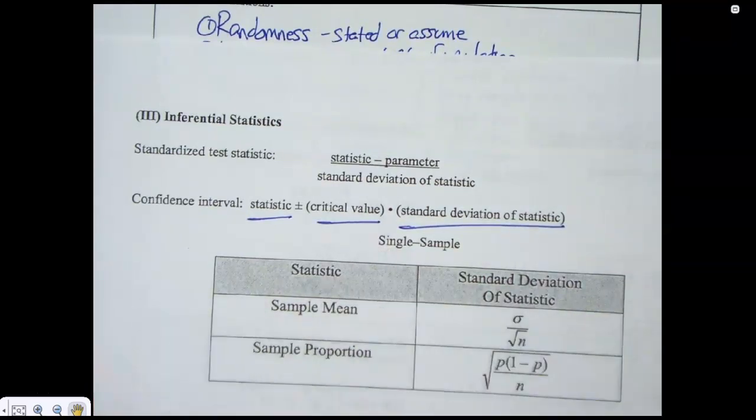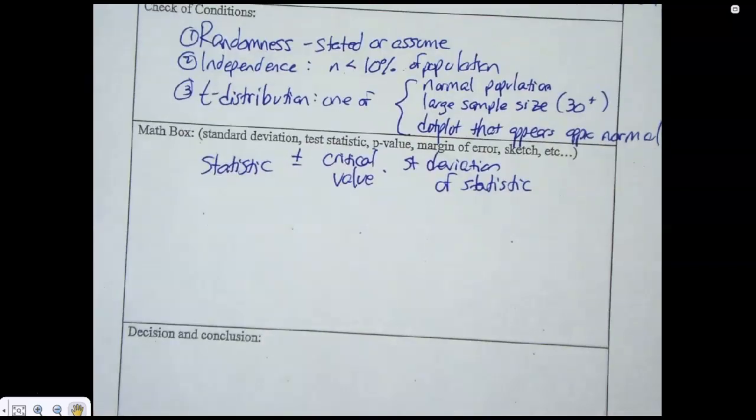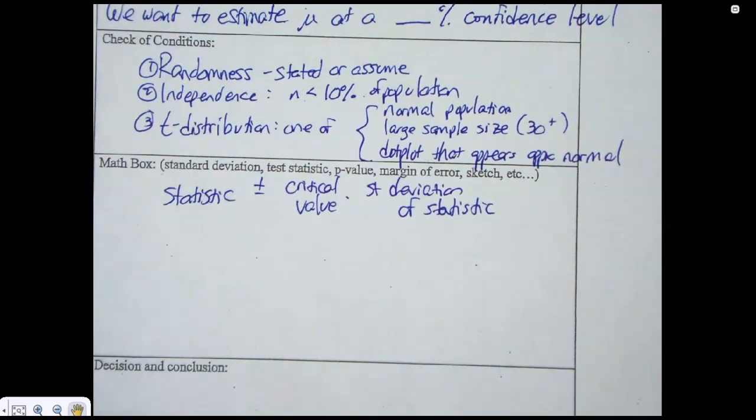Let's just start going through them. So statistic: if I have a sample mean, what's the notation for that? What letter do I use to represent sample mean?